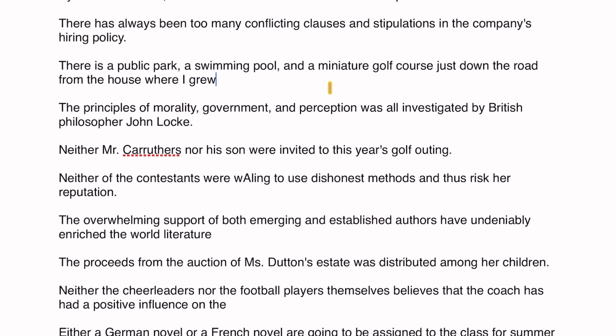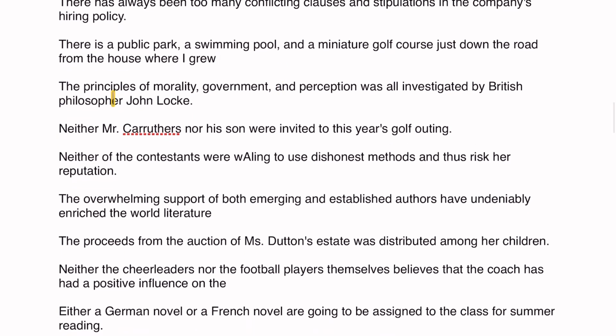The inverted verb. طيب نمرة 4. The principles of morality, government and perception was all investigated by British philosopher John Locke. حلوة قوي كده. فين السبجكت؟ أول حاجة نعملها نلغي إيه؟ البريبوزيشنال phrase. شيل البريبوزيشنال phrase. إيه هو؟ of morality, government and perception. مش هي بادئة of، وقلنا اللي بيبدأ بpreposition وبينتهي قبل الفيرب، أدي الفيرب وأدي preposition. أي حاجة ما بينهم is prepositional phrase.